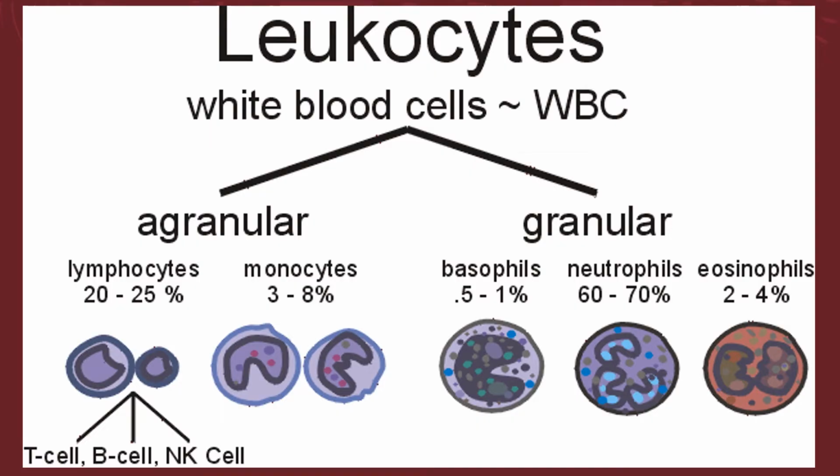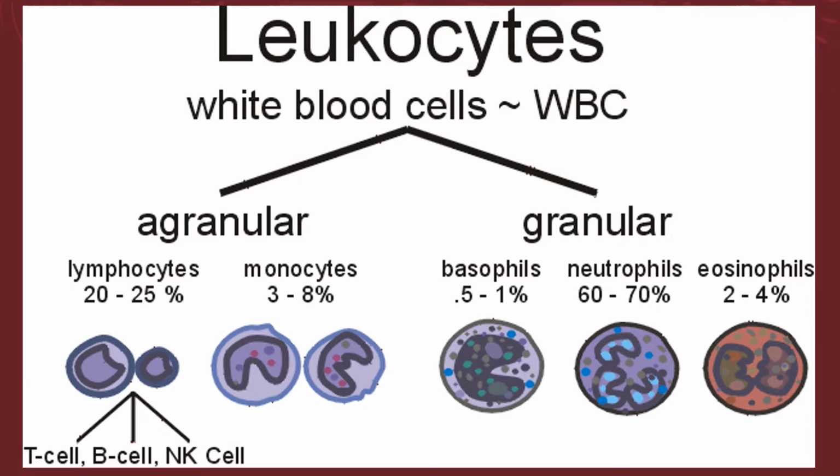This slide shows different types of leukocytes or WBCs. Mainly WBCs are divided into two main classes, agranular and granular. Agranular include lymphocytes and monocytes, while granular includes basophils, neutrophils, and eosinophils.